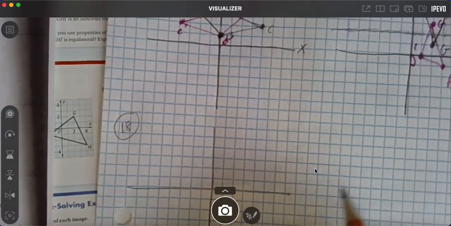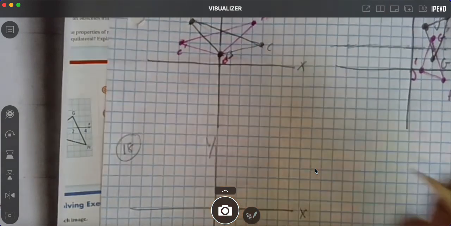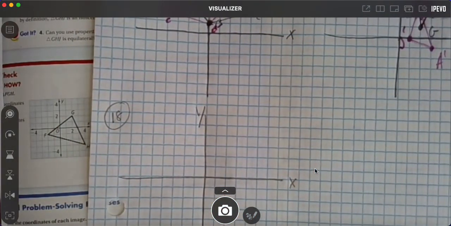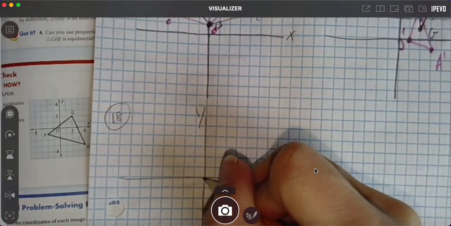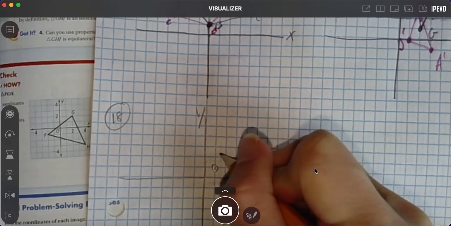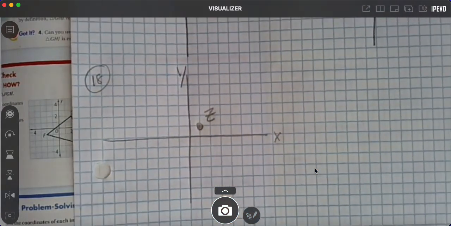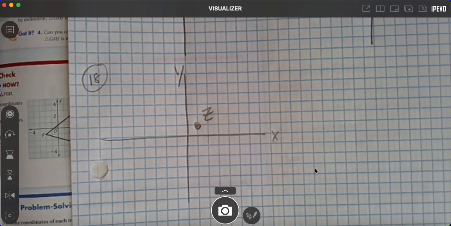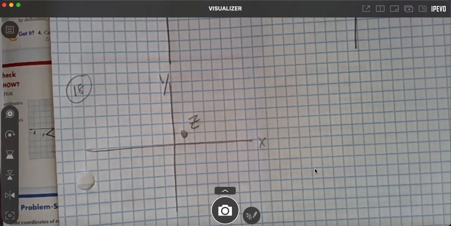So here's number 18. I'm going to draw my X and my Y axis. And it tells me it's just point Z. That's what's nice. It's not a whole shape, right? Point Z is what point? Over 1 and up 1. Does everybody see that? So here's point Z. It says on number 18, reflect it across x equals -2.